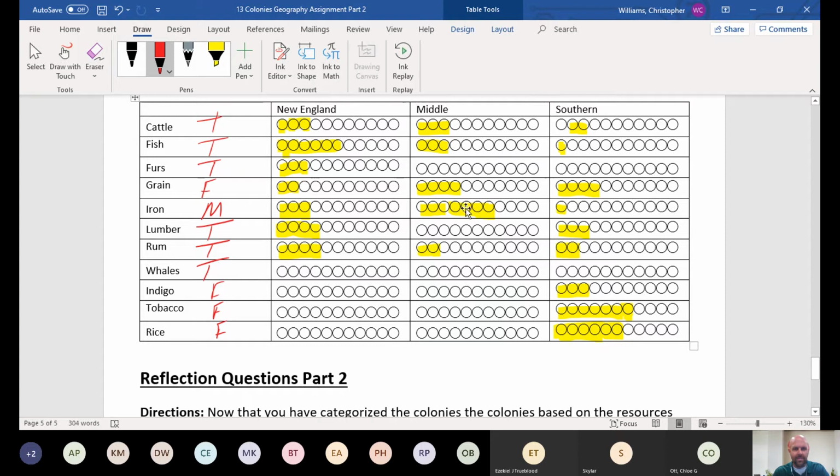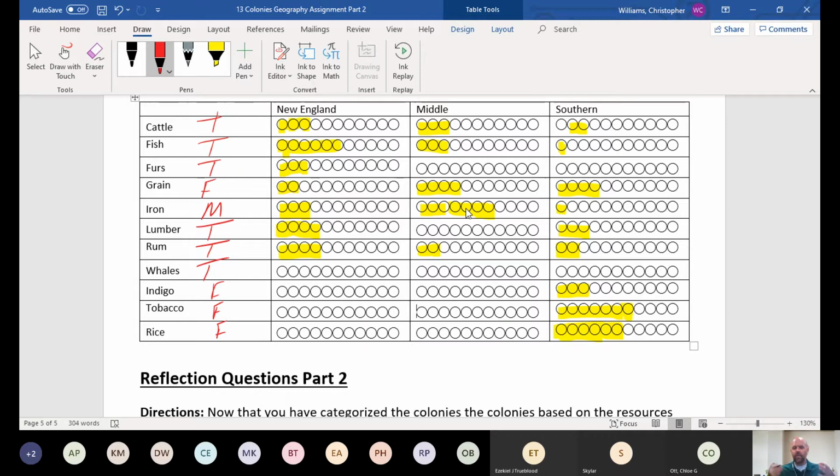If we have six bubbles for iron in the middle colonies and only 3 in New England and only 1 in the southern, we know that the middle colonies depend on iron production with manufacturing as a big part of their economy. Because look, it's bubbled in more than any others on this map or on this chart.